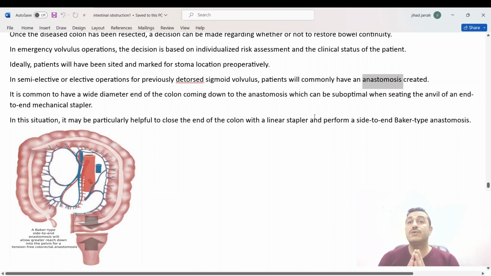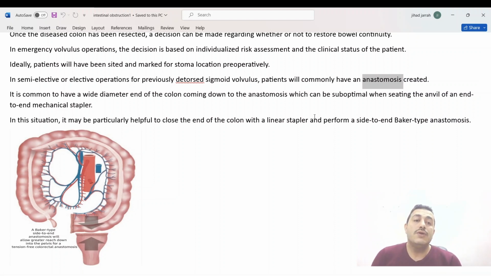So if we are proceeding in an elective or semi-elective setting, we usually do anastomosis. Some of you will say that actually with the sigmoid, either the proximal or distal part will be severely dilated, so anastomosis will not be that easy. Yes, and for this we can proceed.